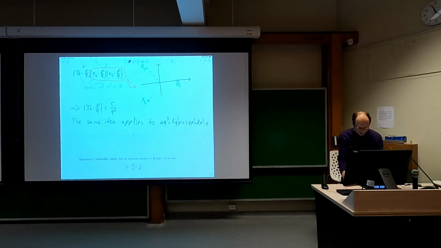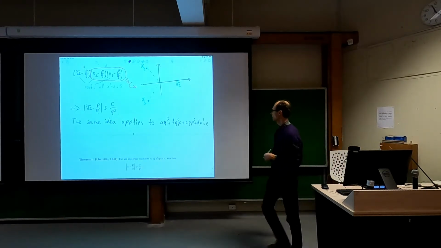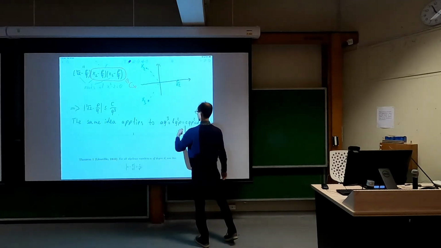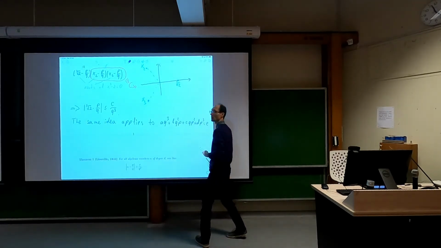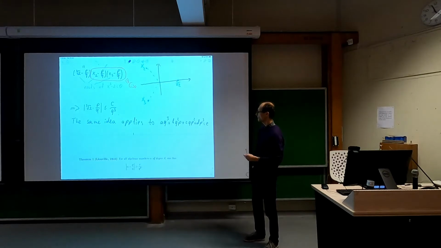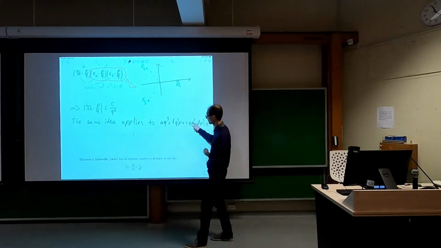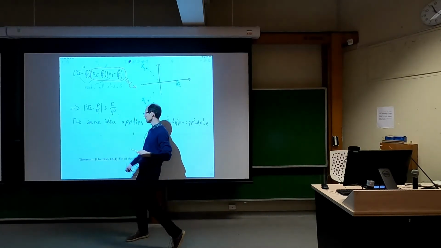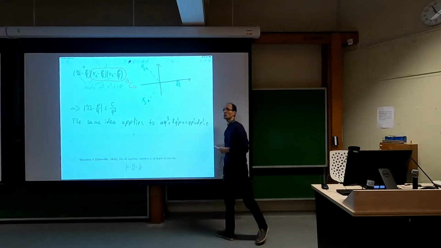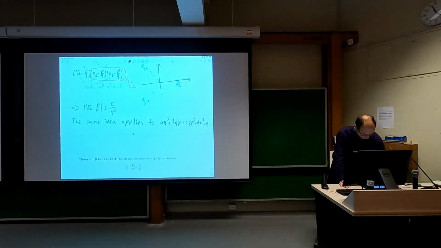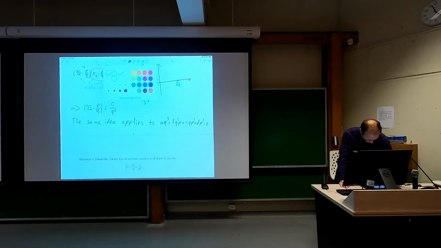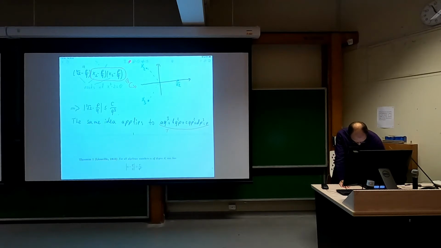Where a, b, c, d, and e are some constants, and we want to solve this equation in p and q. So absolutely the same idea applies, and we can transform this equation into that one. An equation of this form is called the Thue equation. So that's the Thue equation.